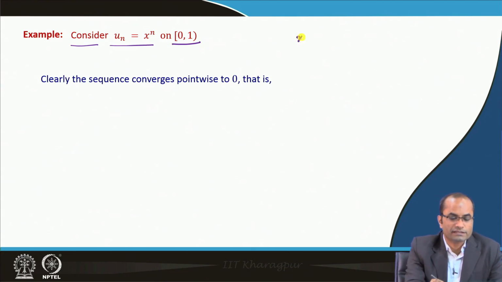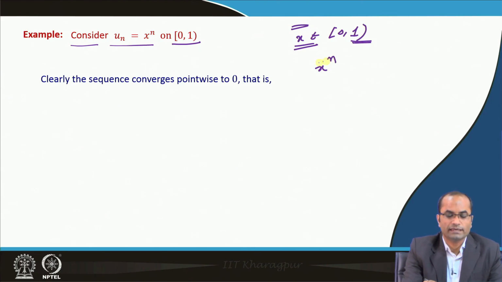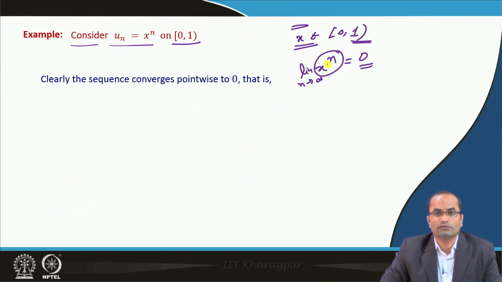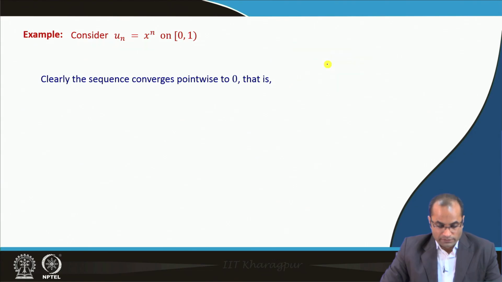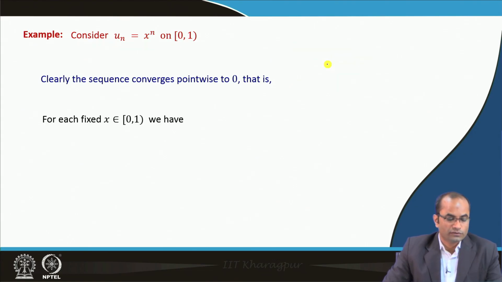If we fix any x from this interval and take the limit as n approaches infinity, then x^n definitely goes to 0 because x is smaller than 1. That is what we call pointwise convergence.